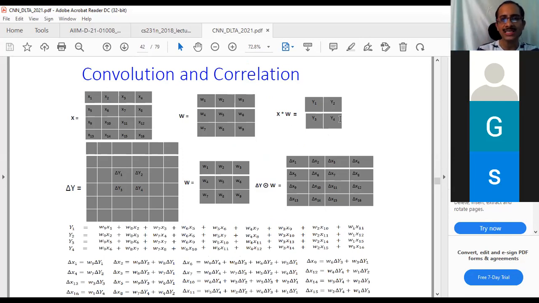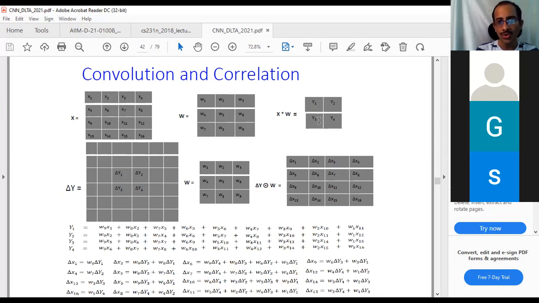Now in the back propagation, you straight away have the errors here, so delta Y1, delta Y2, delta Y3, delta Y4 you have with you. What I need is delta X1, delta X2, delta X3, delta X4, all the deltas, element wise. Now in the forward propagation, put them in equations.